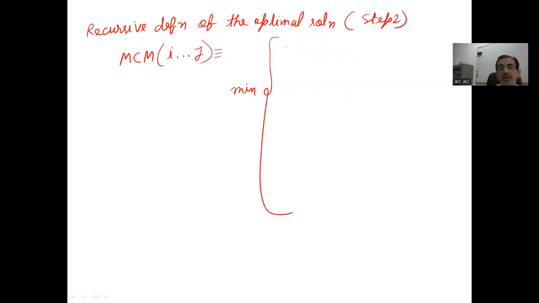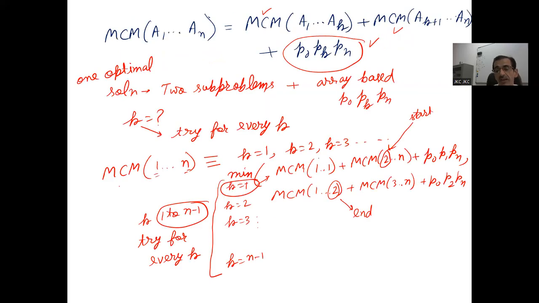What are the values? MCM of i to k, where k is 1, so that is i plus 1, and then plus MCM of i plus 1 to j.